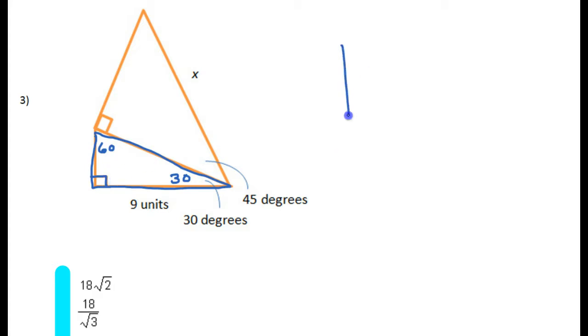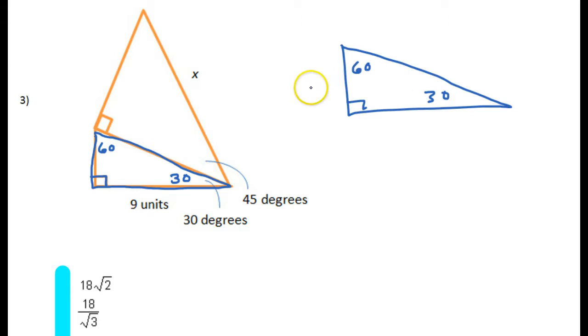So just a quick 30-second review. Remember that if you have a 30, 60, 90 triangle, you have the hypotenuse, of course, and then you have a short side and you have a long side. And here's how the pattern would work. It's all about the short side.